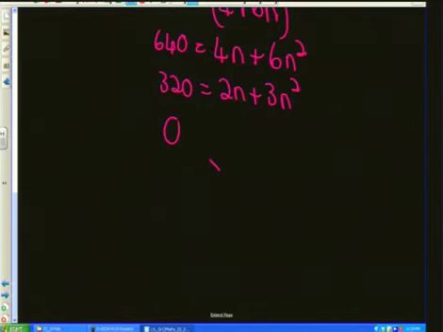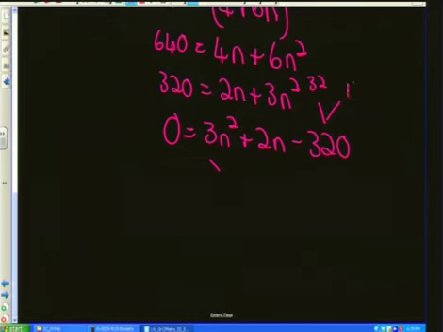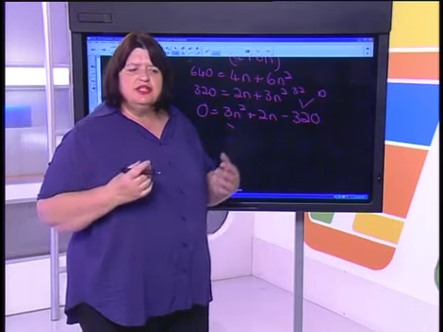So now, because it's a quadratic, we know to bring everything to one side. And then we're going to do our favorite occupation, namely factorize. Now, if we look at this, we've got a 3n in the front and a 320 at the back. So I think 320 obvious possibilities would be 32 times 10. And don't go looking for hard ones, because often they are the simple ones. So it's usually something that's manageable.